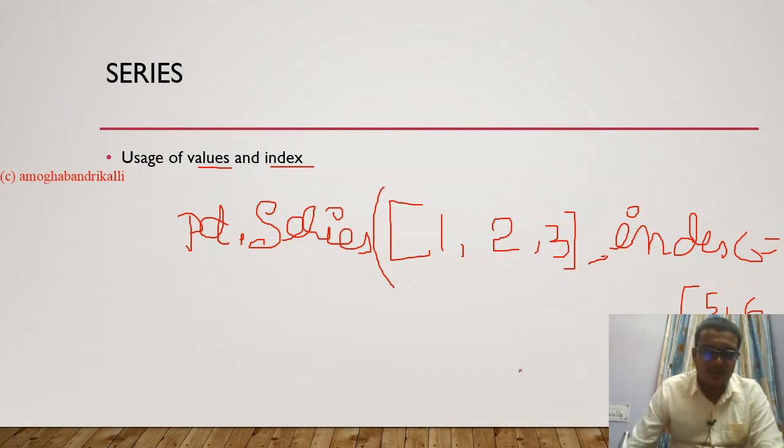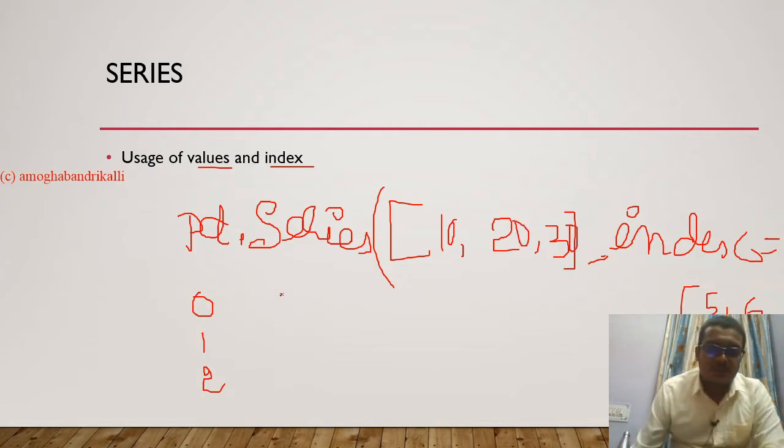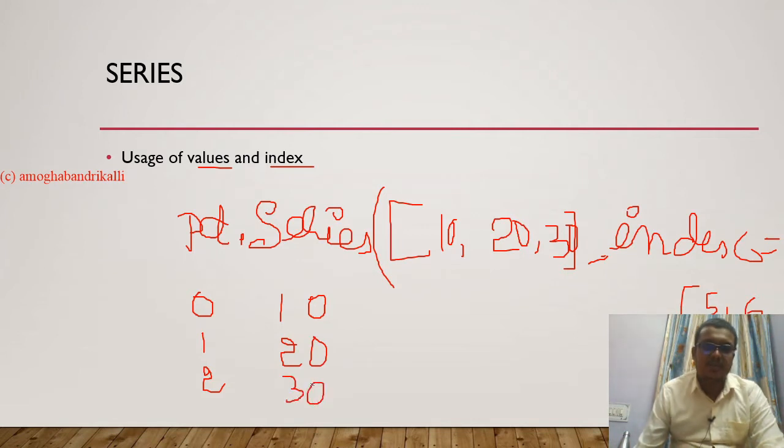If the index is not given, by default the index will start from 0, 1, 2. Here we have 3 values. If you are getting confused, you can make it 10, 20, 30. At the first position we have 10, second position 20, third position 30. This is without giving an index.